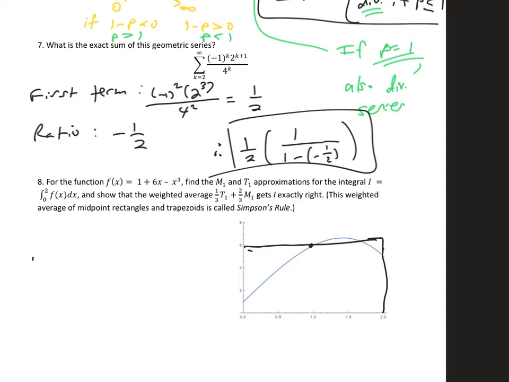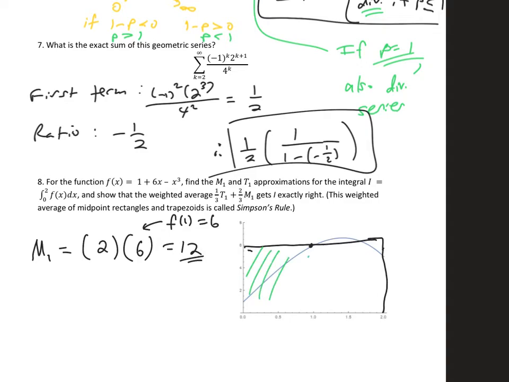So the area of that one midpoint rectangle is the width, which is 2, times the height, which is f of 1, which is 6. So that would be a rectangle of area 12. So 12 is how much area is in that rectangle.